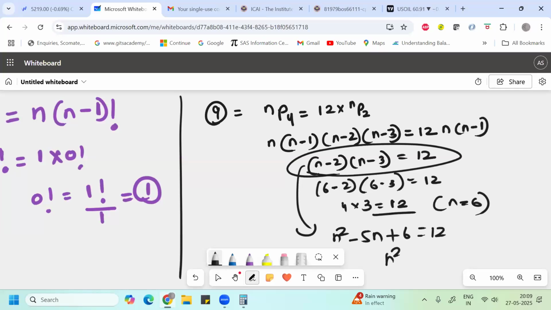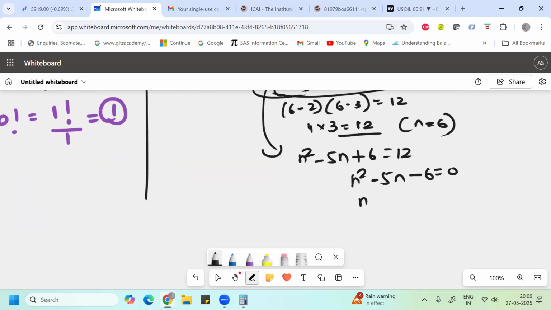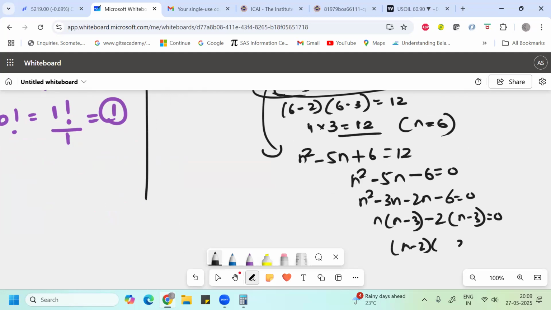So n square minus 5n minus 6 is equal to 0. You know how to solve a quadratic equation. n square minus 3n minus 2n minus 6 is equal to 0. So n into (n minus 3) minus 2 into (n minus 3) is equal to 0. (n minus 2) into (n minus 3) is equal to 0.